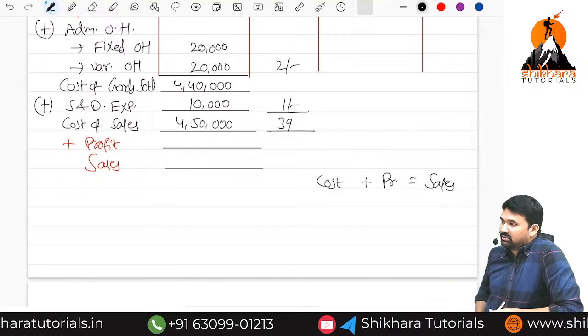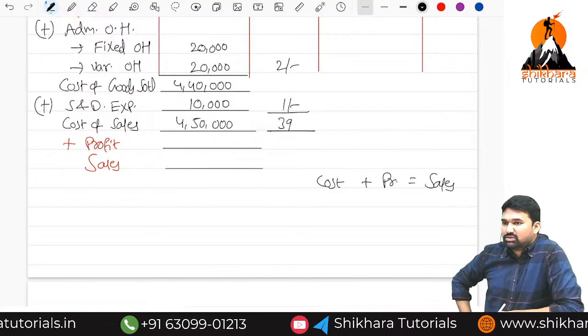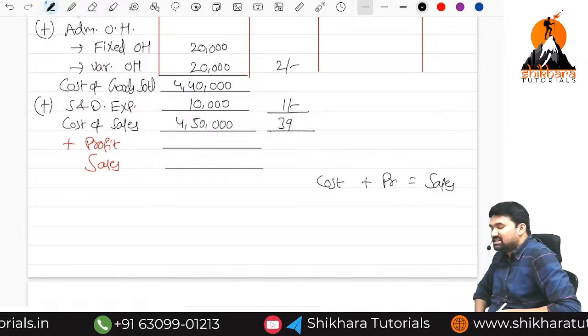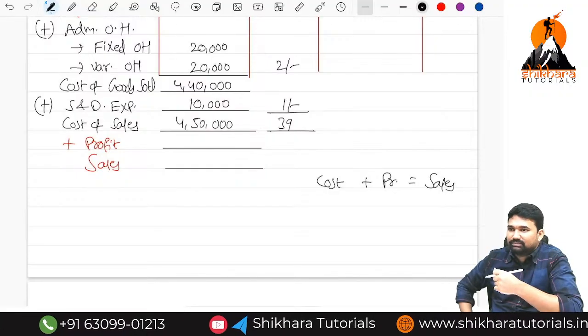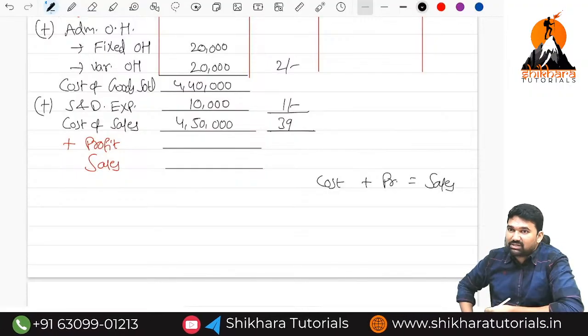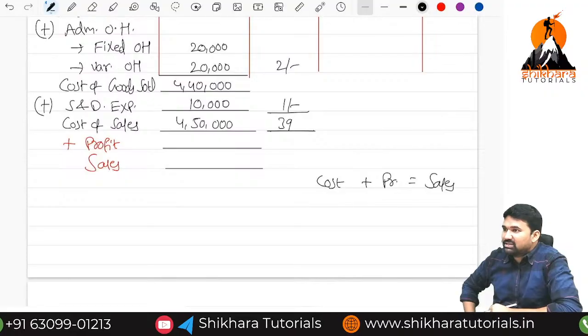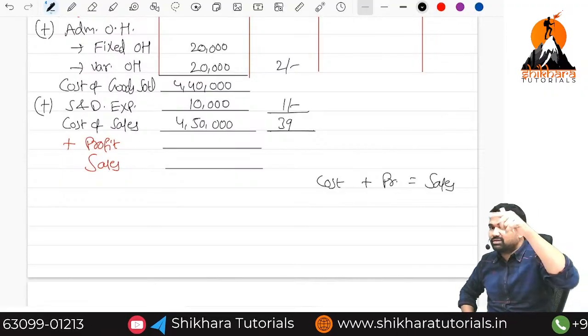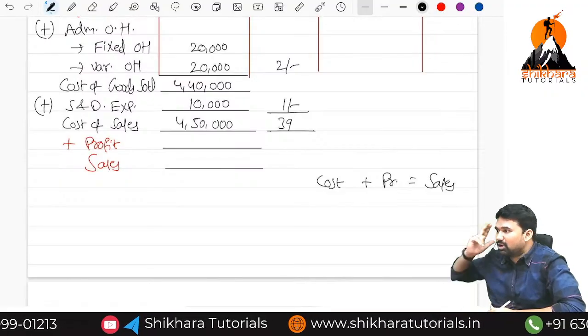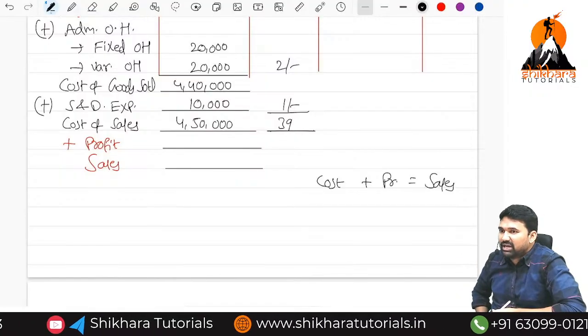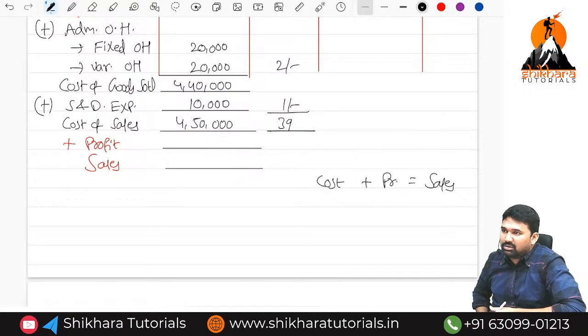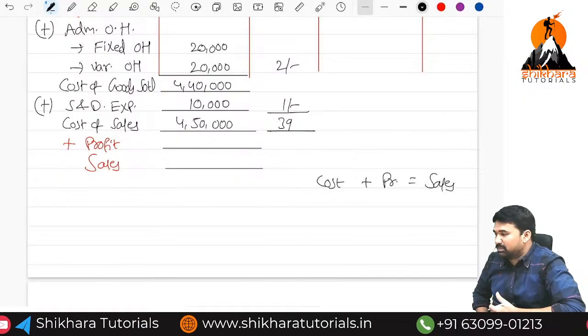Chair business. You are purchasing chairs at 3,000 rupees. For how much will you sell? More than 3,000 you will sell. Why is it more than 3,000? That is profit. You are adding profit to the cost. That is common sense, not costing. You will try to add profit to cost, and ultimately it will give the sales price.